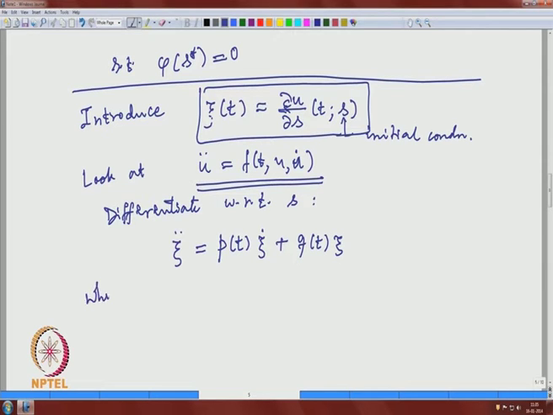So, where p of t, just coming from this, you are differentiating the right hand side with respect to s, and so you are using just the implicit differentiation. So, this is what you get. So, d f by d u dot. So, now let me write everything once, then it is understood.